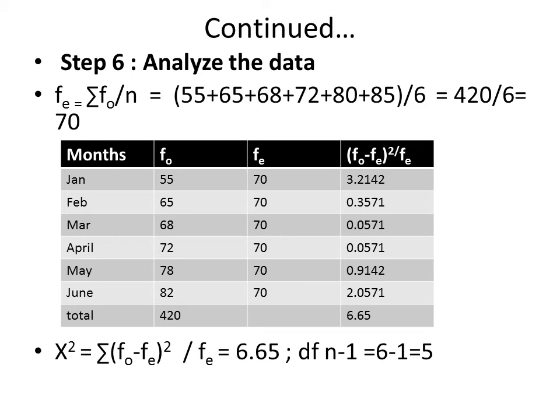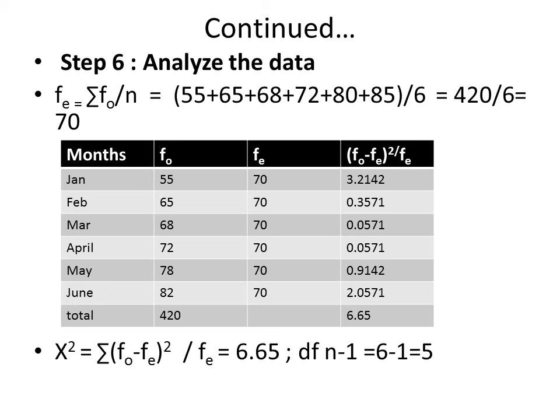The first column of the table shows the months. Second column shows your observed frequency, which was mentioned in the question itself. Third column is FE that we have calculated in the previous step, 70 for all the months, the mean value.